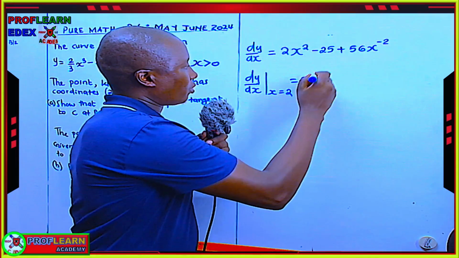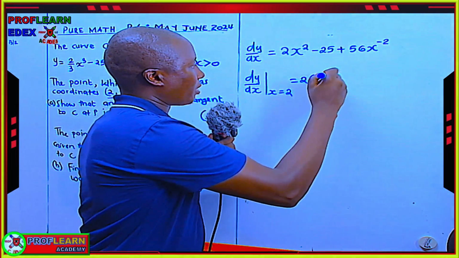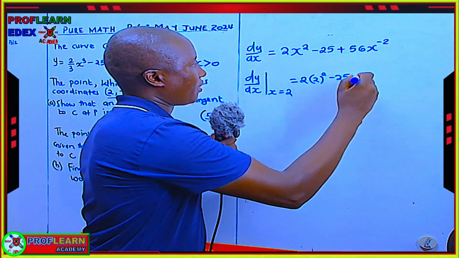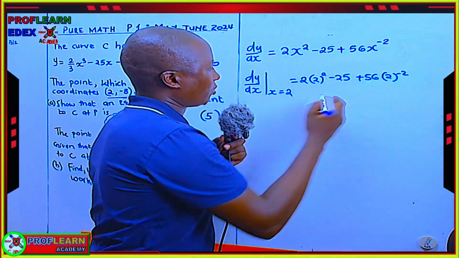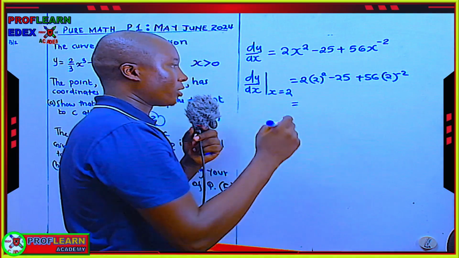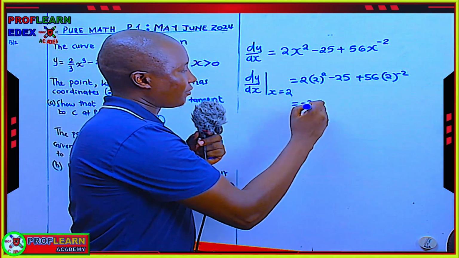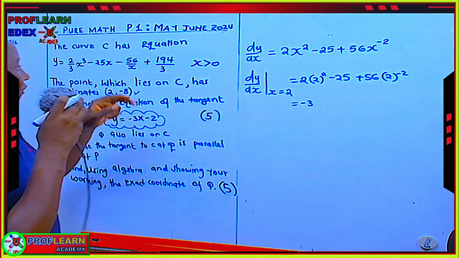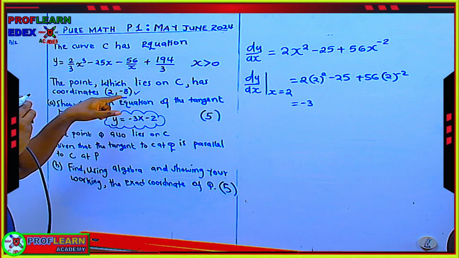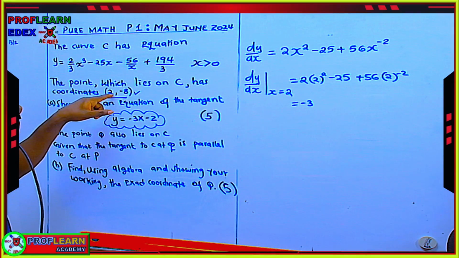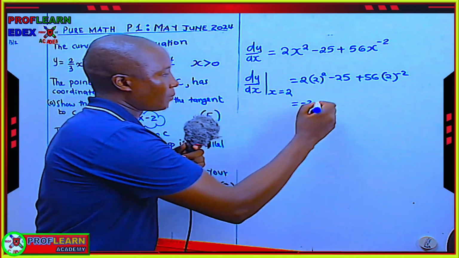We shall have 2 into 2 raised to power 2 minus 25 plus 56 into 2 raised to power negative 2. And if we work this out, we are going to get our answer as negative 3. So the gradient of this curve at the point P, where we have 2, negative 8, is going to be this.